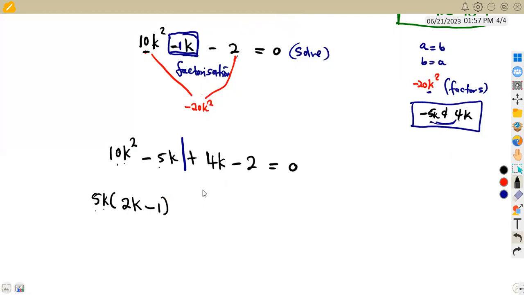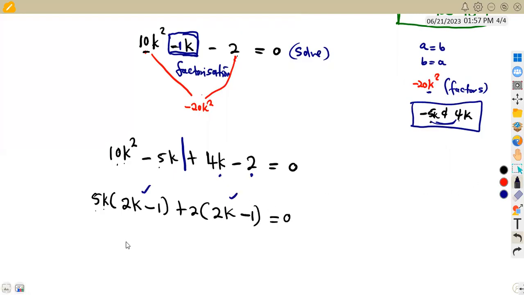Remember, you're supposed to have the same thing in the second bracket. If you factorize between 4k and positive 2, we factor out positive 2 as our highest common factor. So 4k divided by 2 gives us plus 2k. Minus 2 divided by a positive 2 is a negative 1, equal to 0. So as you can see, the two brackets are the same.